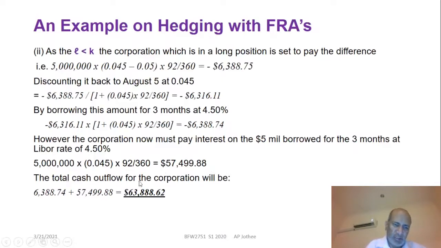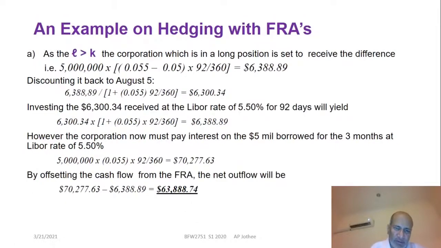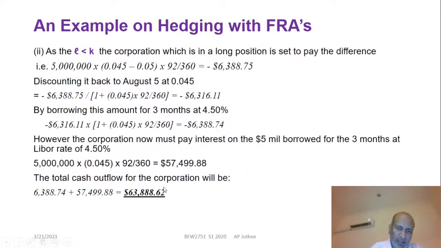So the total cash outflow on August 5, September 5, October 5 will be how much? 57,499.88 plus the liability you already incurred in borrowing and repaying the FRA loss, 6,388.74. So it becomes 63,888.62. Very close to it. Of course, the rounding error makes the difference between 74 and 62.